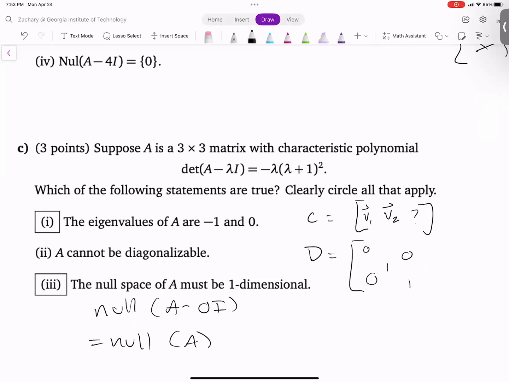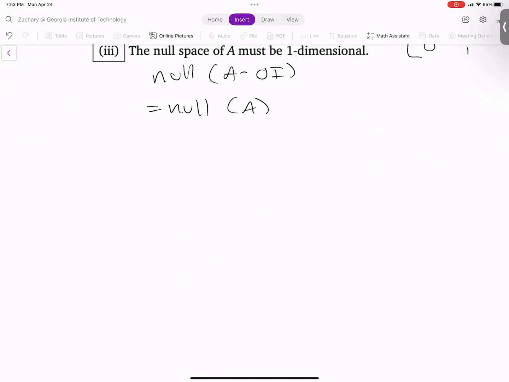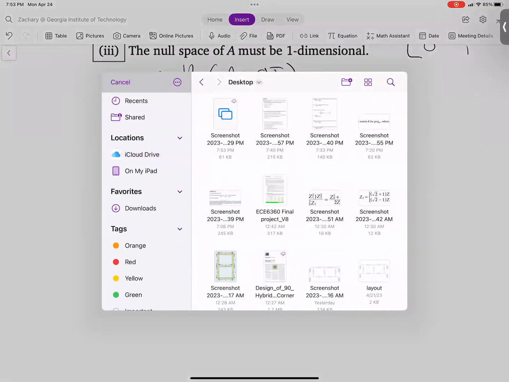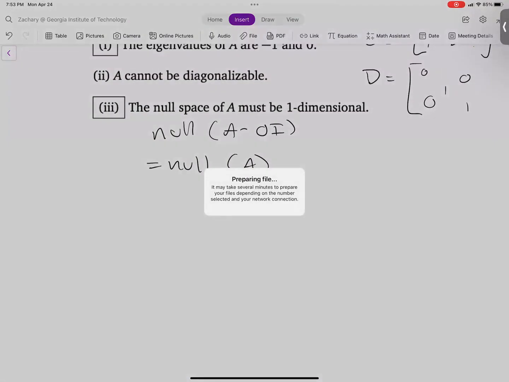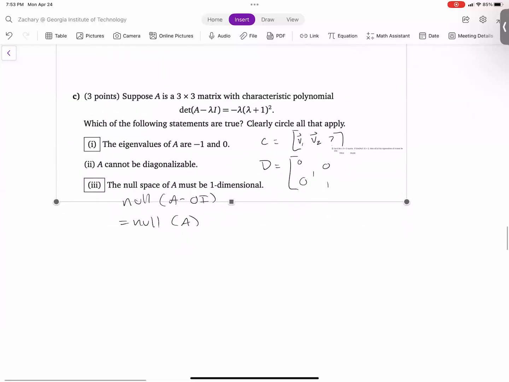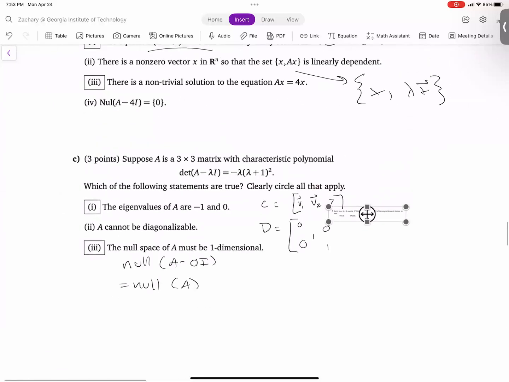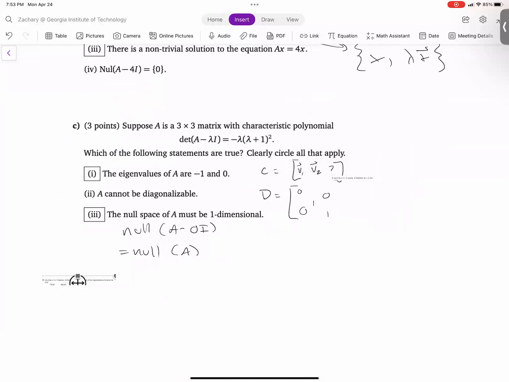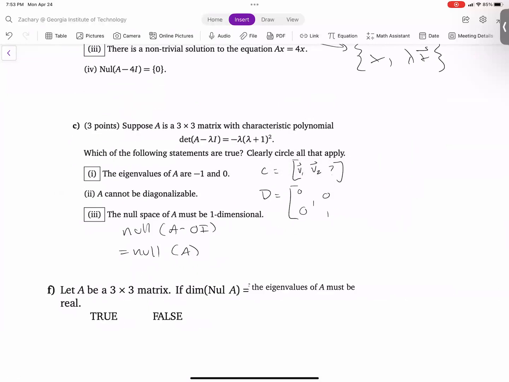Part F. Oh, good Lord, that's a lot of true or false. Where did that go? Oh my God, it's so little. All right.